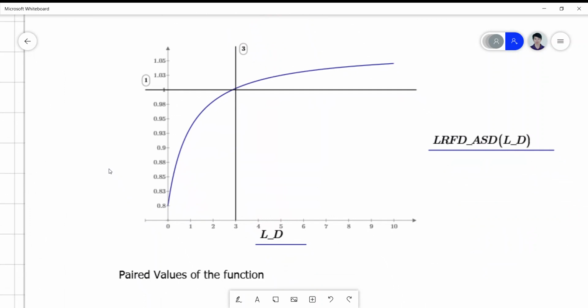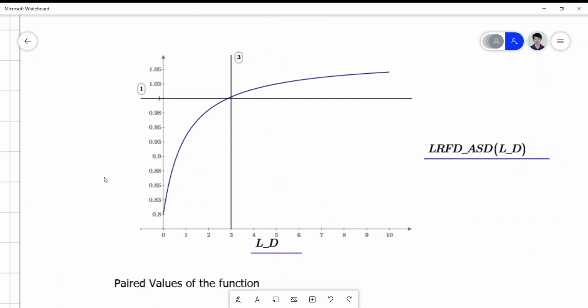You do the Mathcad, the plotting app. Okay, so you can plot it now, and take note that the L over D ratio at a certain value of 3 gives you a unity.